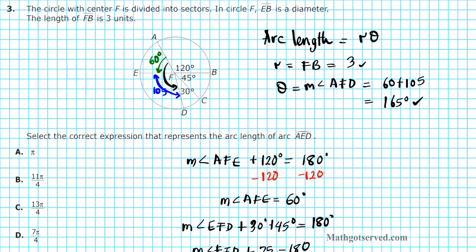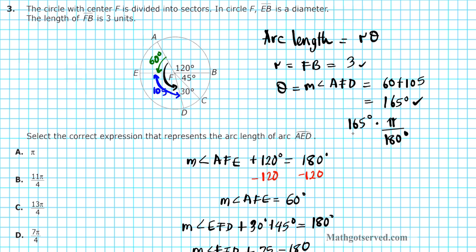To do that, we're going to multiply 165 by a conversion factor. So we have 165 in radians. We are going to multiply 165 degrees by pi over 180 degrees.